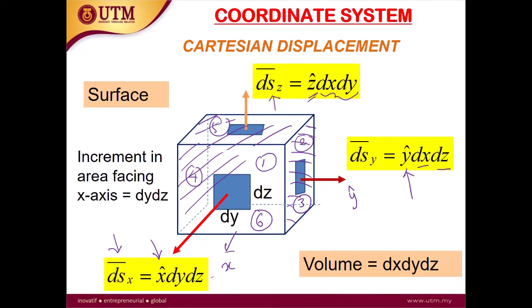But how about the other 3 surfaces, which are opposite to the surfaces that we discussed? I take one, for example, dz. The opposite is at the bottom. So how to define the surface at the bottom?